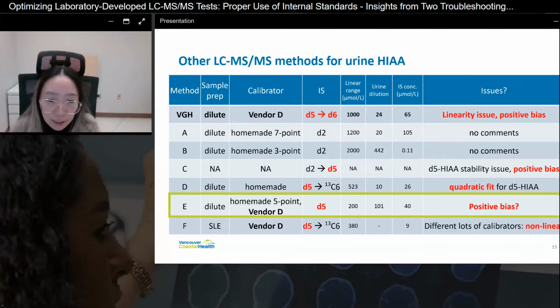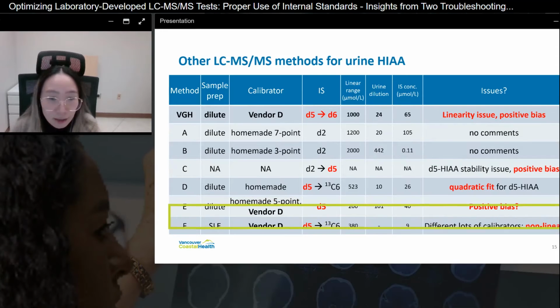For method E, they observed a positive bias for some proficiency test samples. They attributed the positive bias to commutability of the calibrators and the QC materials from HPLC method to LCMS method.